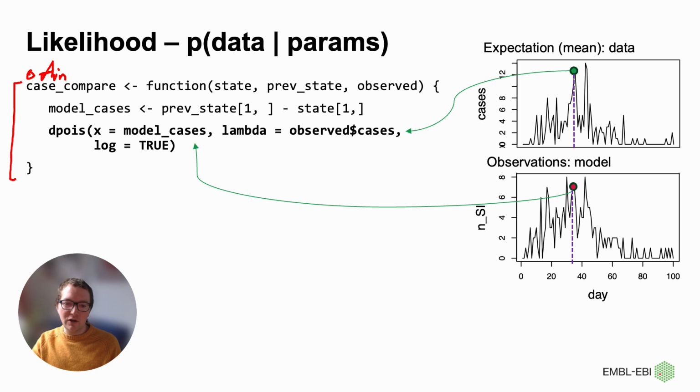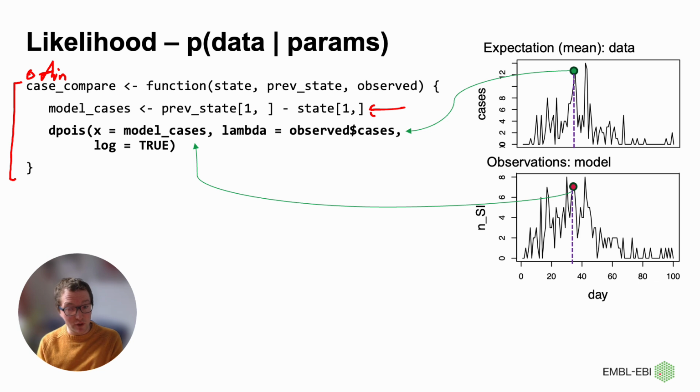Remember that the likelihood is the probability of the data given some parameters. So I make a guess of some parameters. I might simulate the model forwards with a beta of 0.2, a gamma of 0.1. And then this is the case series I get out of the model. So I run my SIR model, and then here I look at the change in I. This is I from the day before, and I in the new day.